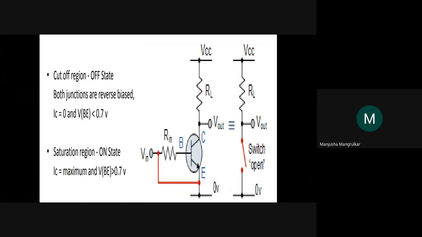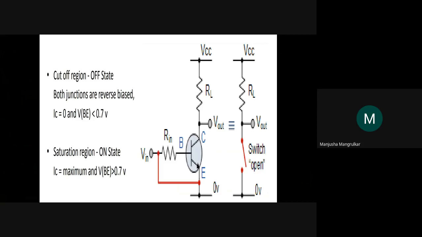In that situation the transistor is in cutoff, so it is open. The output is directly connected to VCC. Whatever the VCC voltage, that will come to the output. In simple language, when the transistor is in the cutoff region, output is 1.